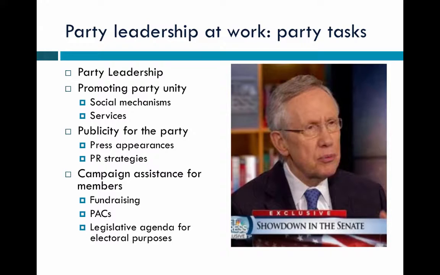Publicity for the party, press appearances, PR strategies, those are all party leadership mechanisms for making sure that the party message is heard. And then there's electoral or campaign assistance for members. So things like fundraising, the use and setup of political action committees, and allowing people to introduce things in advance in a legislative agenda for electoral purposes.